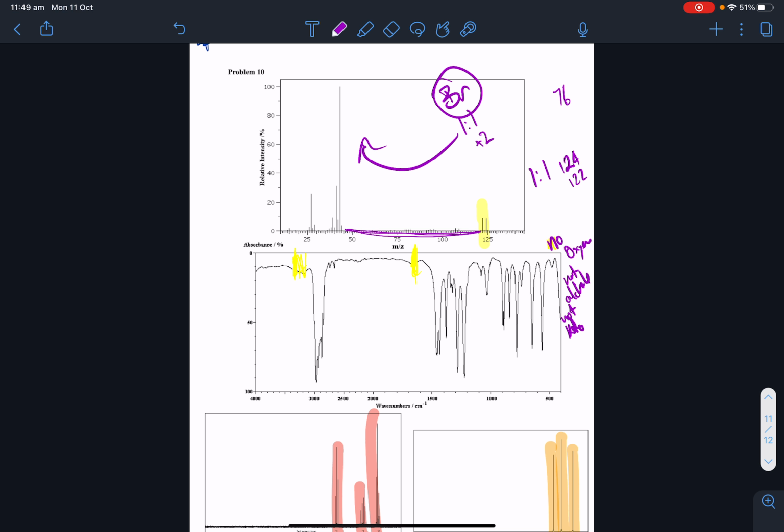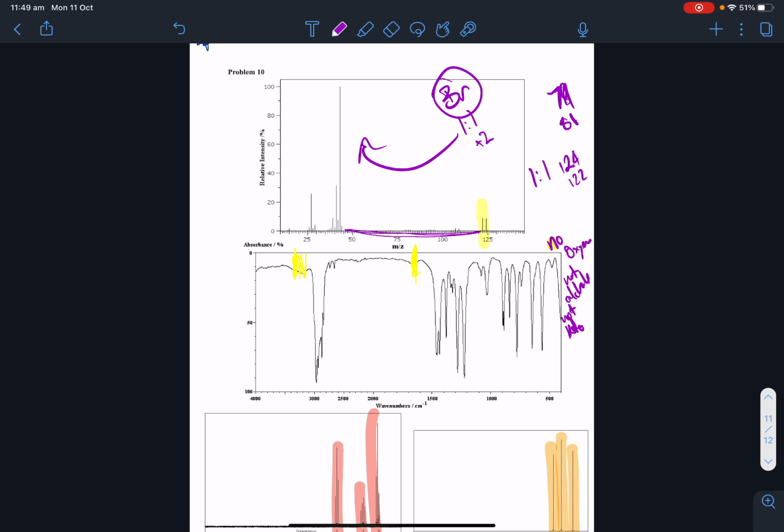So if I Google bromine and I look up its main masses, it's got 2 isotopes, 79 and 81. So that's what's taken into account there, and that's why it's got such a huge mass.